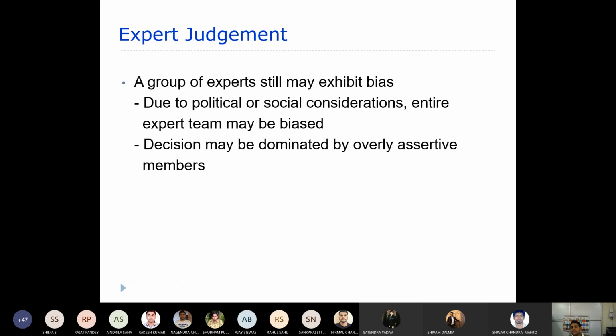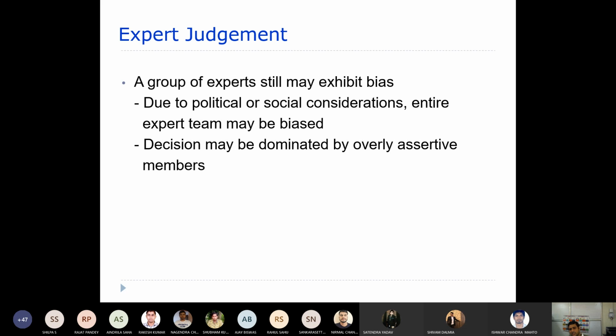So all of these team members may be biased, or they may be talking to each other, and then they will come up with a very optimistic one. So this is the way that still you will have that sort of bias.